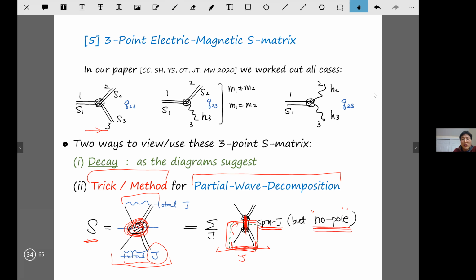This way of thinking about partial wave decomposition means we can easily do it once we have a 3-point function. So that's the approach.